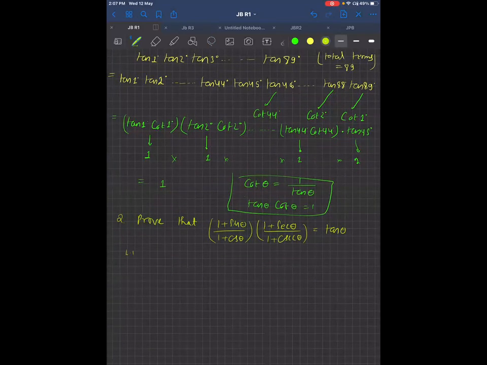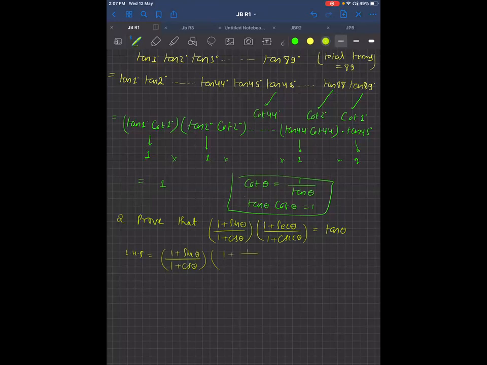Okay, so in LHS we have (1 plus sin theta)/(1 plus cos theta) into (1 plus sec theta)/(1 plus cosec theta). Now I'm writing both in terms of the same form, sine and cos.